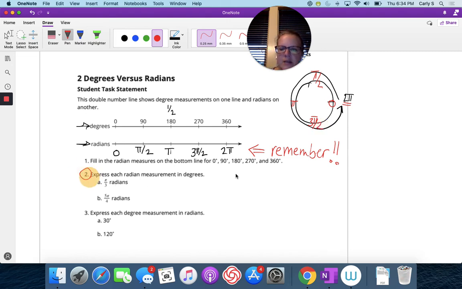Express each radian measurement in degrees. When we want to change things from radians to degrees, we need to multiply by a ratio. So I have pi over 3, and I multiply it by 180 degrees over pi, since pi is equal to 180 degrees, or 2 pi is equal to 360 degrees.